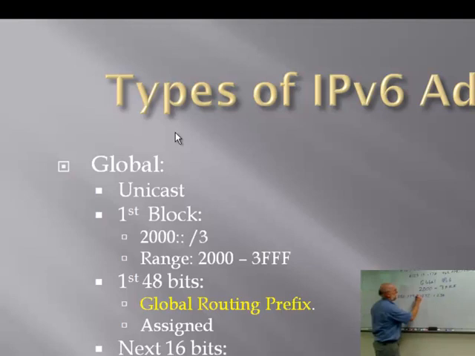This portion is used for your subnetting. This portion you're stuck with. That's what you get. So you got a lot of address space. I don't know if they assign this to you or you have any variability here. I kind of think you might get that assigned to them.